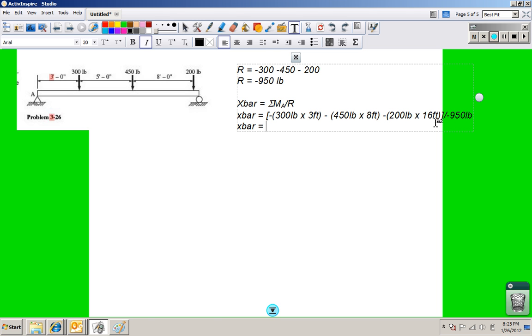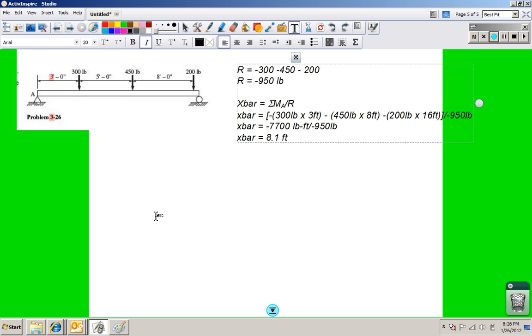Okay, so for the top I get negative 7,700 pound-feet divided by, we still have the negative 950 pounds on the bottom, and x bar is 8.1 feet.